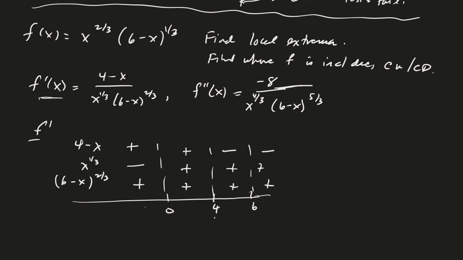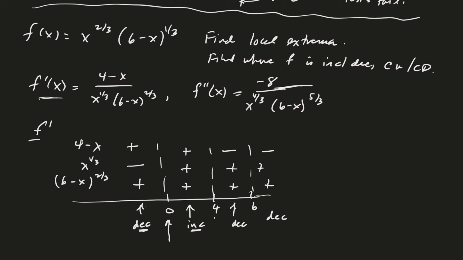Okay, and so therefore now we can note if x is less than 0, my function is decreasing, increasing, decreasing, decreasing. Good. And so therefore, from the first derivative test, we're going from decreasing to increasing. 0 is a critical point, right?